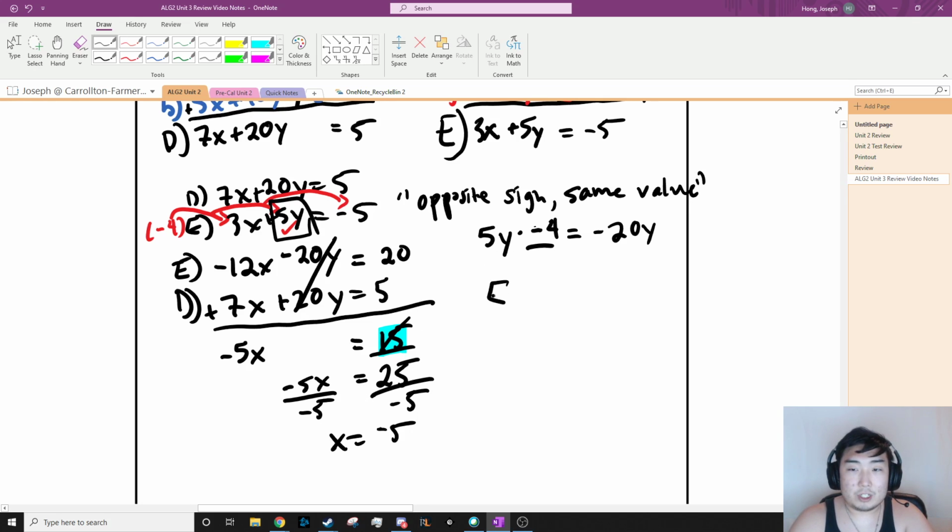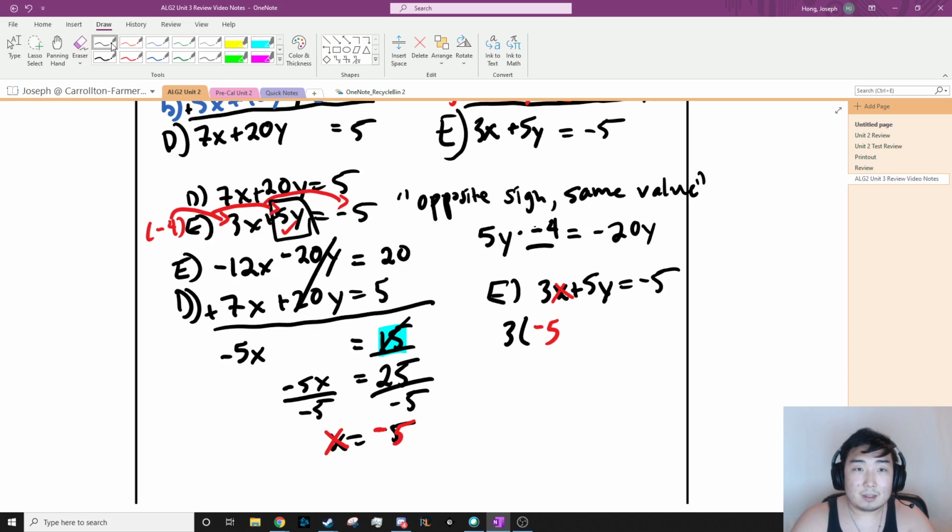So if I do equation E again, 3x plus 5y is equal to negative 5, I can do 3, and I can substitute this negative 5, which is right here, to here. Because negative 5 is x, this x and this x is the same x, plus 5y is equal to negative 5.